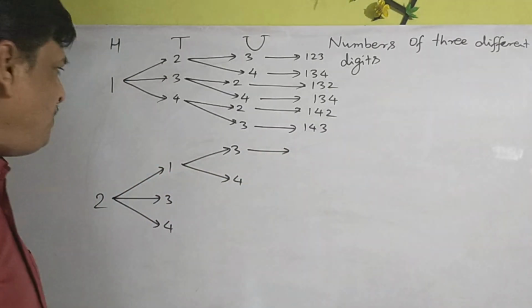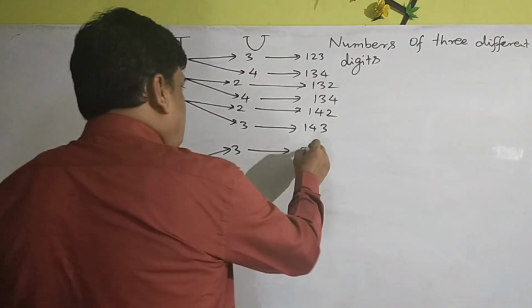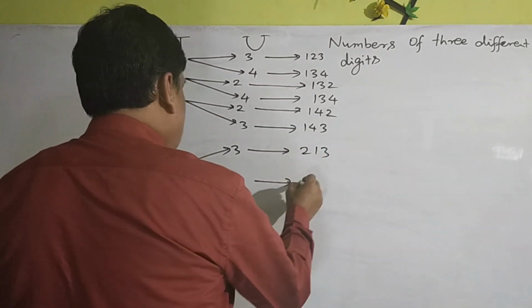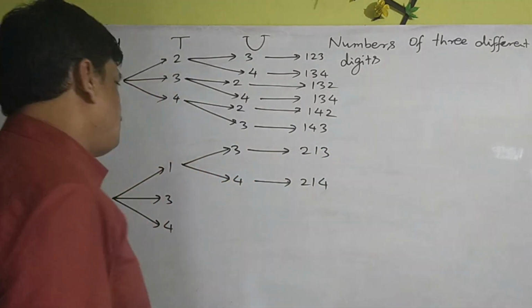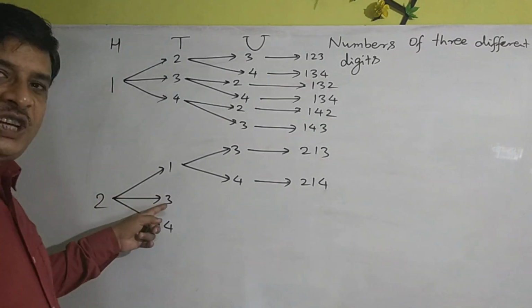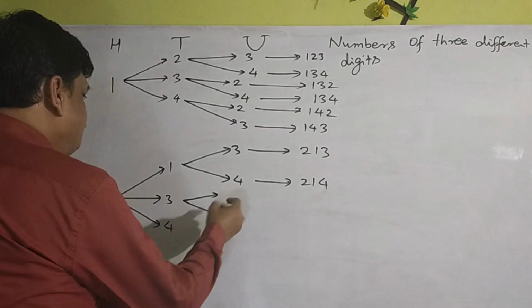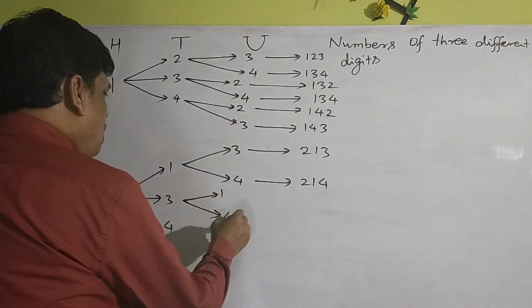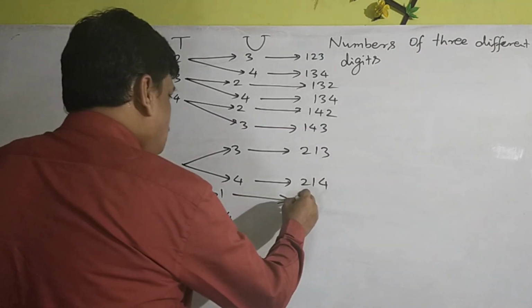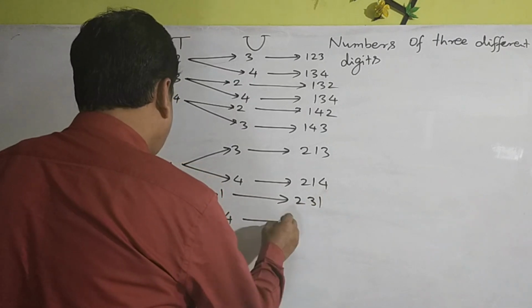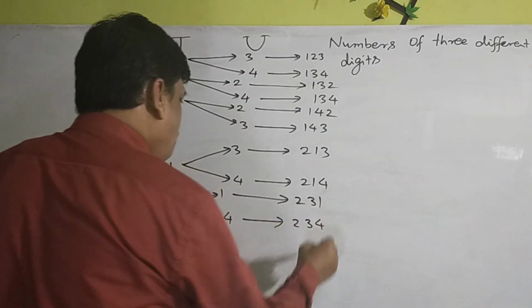As a result, the numbers become 213 and 214. When the tens place is filled up by 3, the unit place can take 1 or 4, giving 231 and 234.